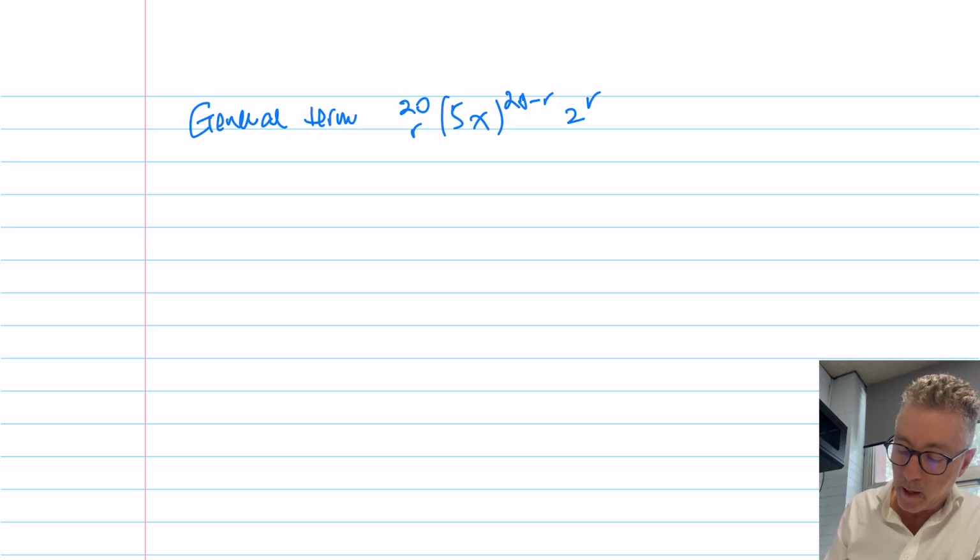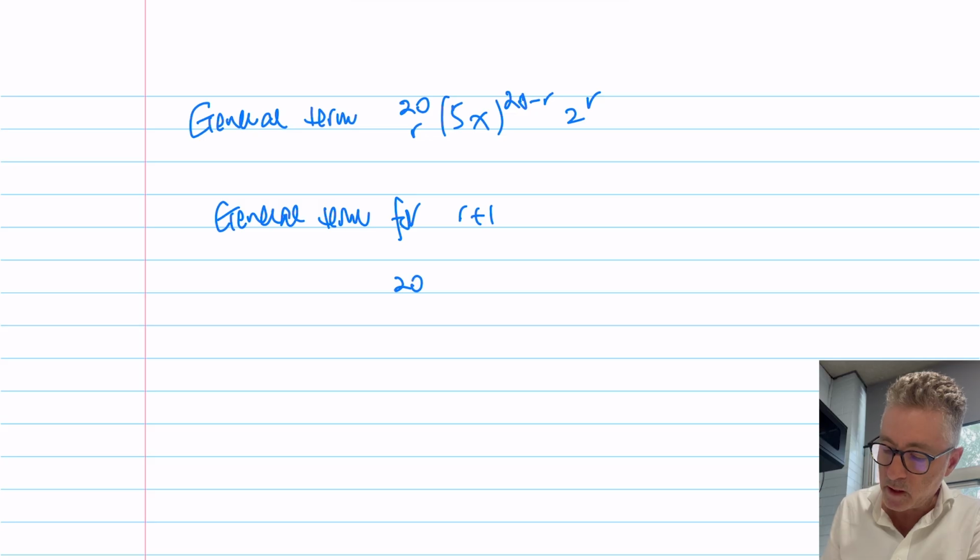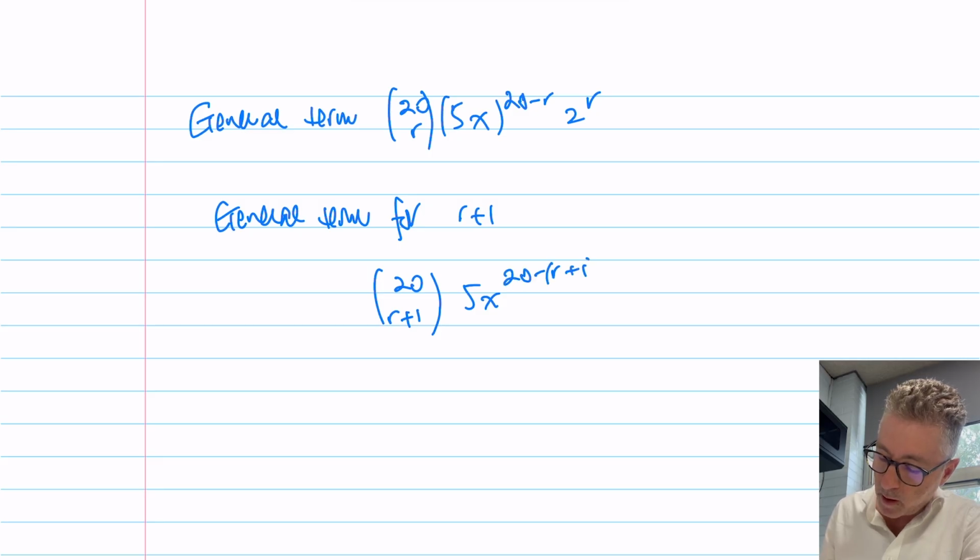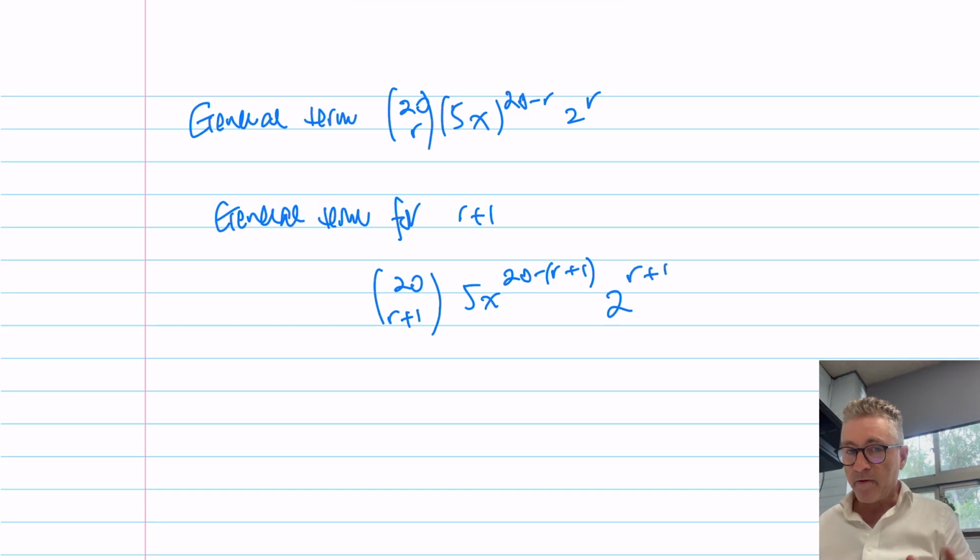And the general term for r+1 would be 20 choose (r+1), (5x)^(20-(r+1)), you've got to put the brackets there, times 2^(r+1). Now, you can go and evaluate that and get a solution, but what's curious is that the answer supplied in the Smarter Maths PDF that I have a subscription to at my school doesn't do it that way at all.